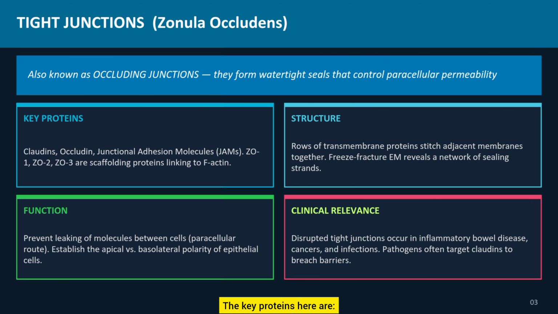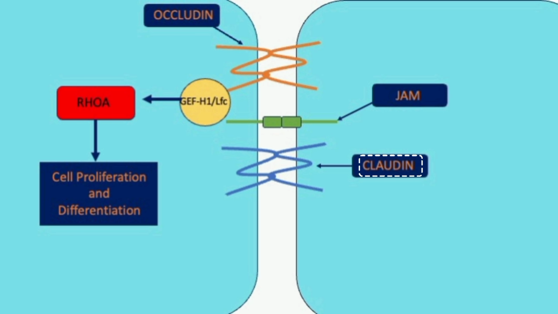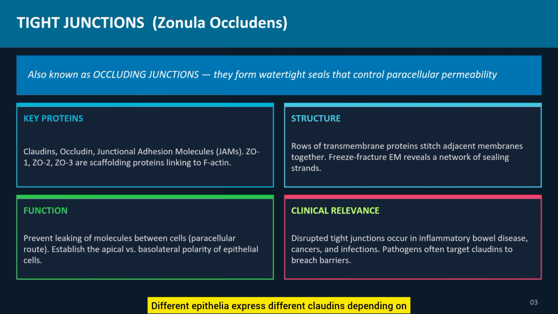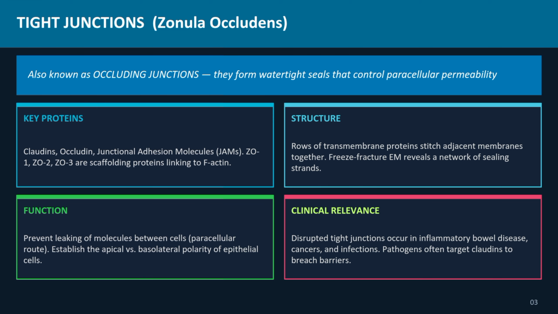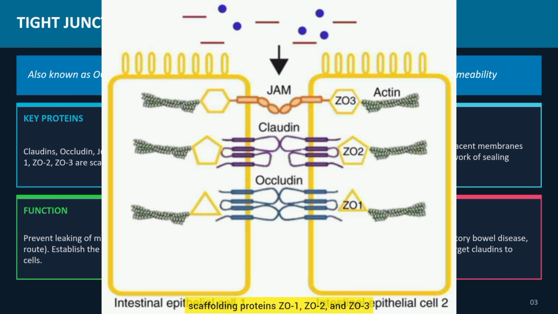The key proteins here are claudins, the primary sealing proteins. Different epithelia express different claudins depending on how tight the barrier needs to be. Occludin works alongside claudins, as do JAMs, junctional adhesion molecules. And on the cytoplasmic side, scaffolding proteins ZO1, ZO2, and ZO3 anchor the whole complex to F-actin.